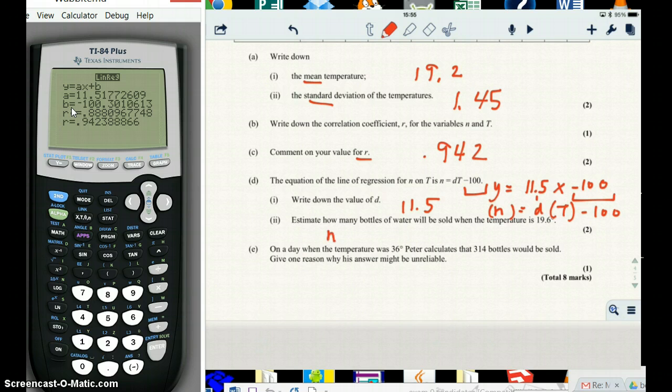And estimate how many bottles of water will be sold when the temperature is 19.6. Well, they're asking for n, which is the number of bottles of water. D is 11.5. Temperature is 19.6, so we can fill that in, minus 100. So we can do that on our calculator.